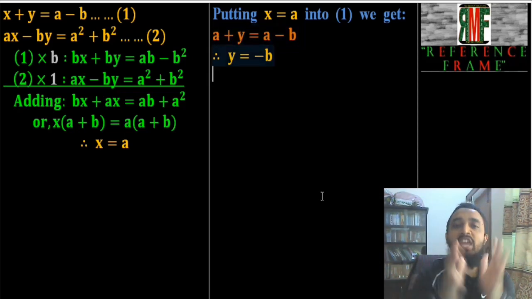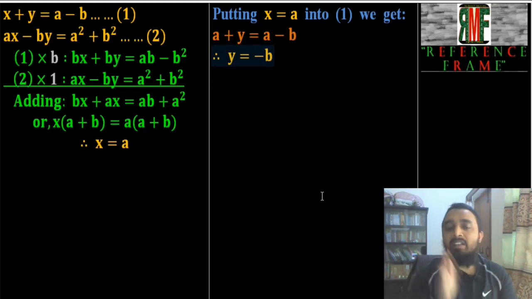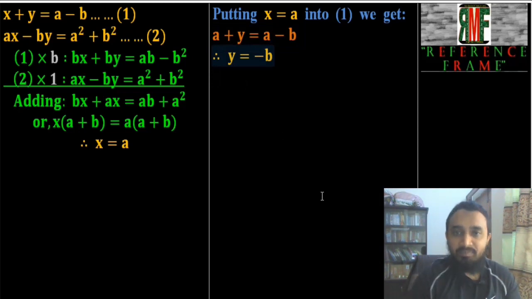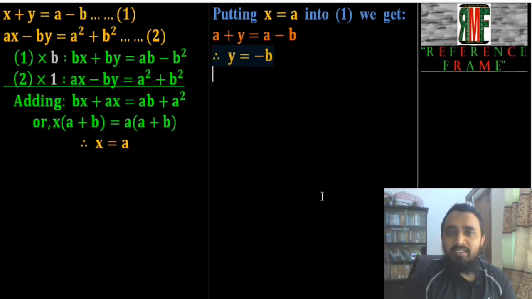So when we have the same value with a similar sign on both sides of the equation, then we can apply the cancellation law of addition. By vanishing a from both sides, what are you going to get? We're going to get the result of y, and this result is y equals minus b.